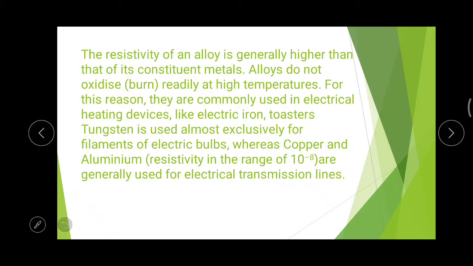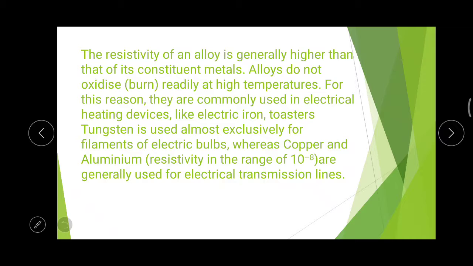Alloys are used in electrical heating devices because their resistivity is higher than that of the constituent metals, and they do not oxidize even at high temperatures.